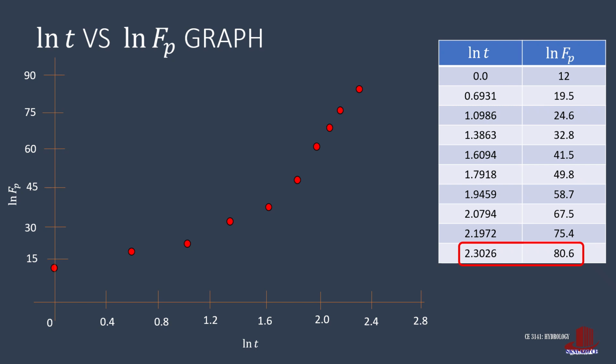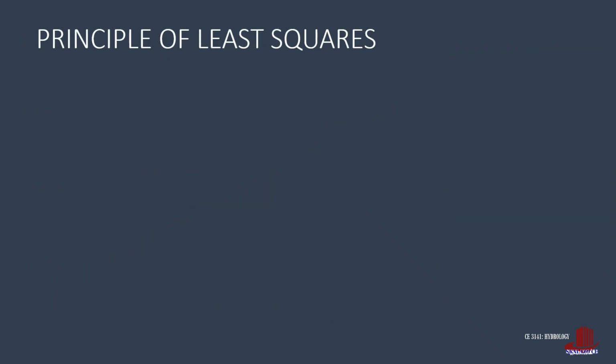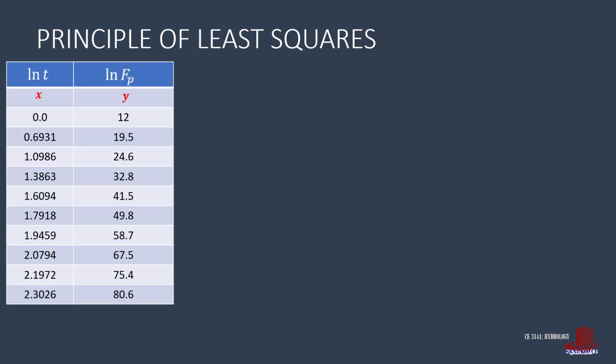Note that the points are somehow scattered, but in order to have a function for this plot, we take the best fit line, where the format for the function is y is equal to mx plus b. Given the values for ln of t as x and ln of f of p as y, solve for the function of the dataset, where we use the principle of least squares.